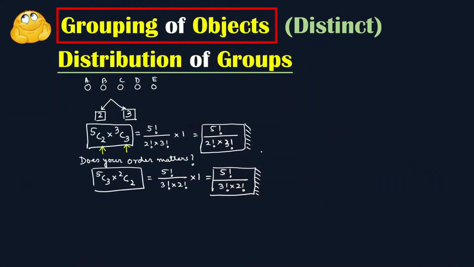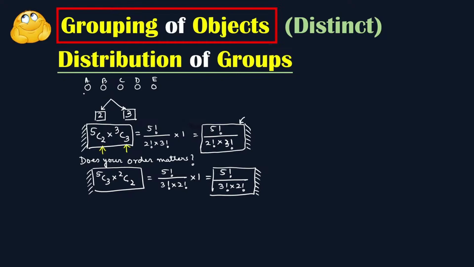Now the next question is, if we do it using this C, then there is no problem, we have done this. But my question is, can we write this answer directly?